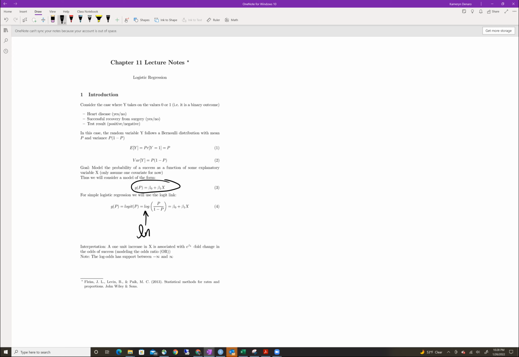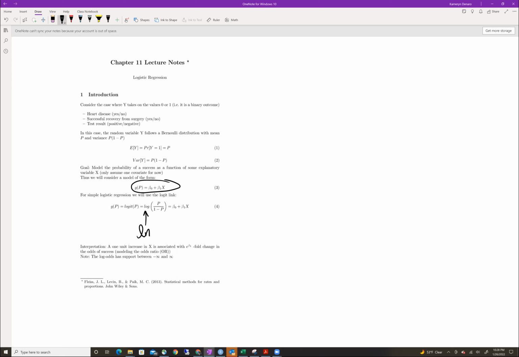So the logit function is going to be log of p over 1 minus p equal to beta 0 plus beta 1x.